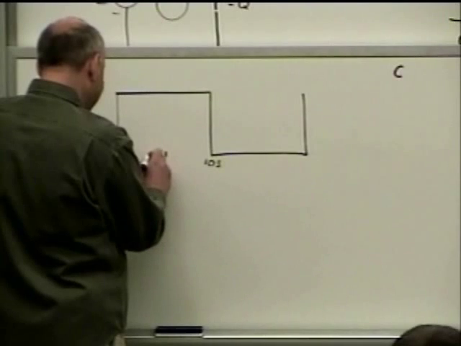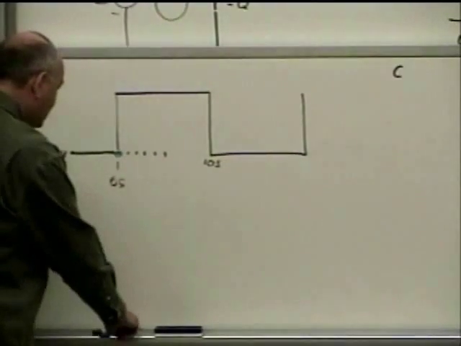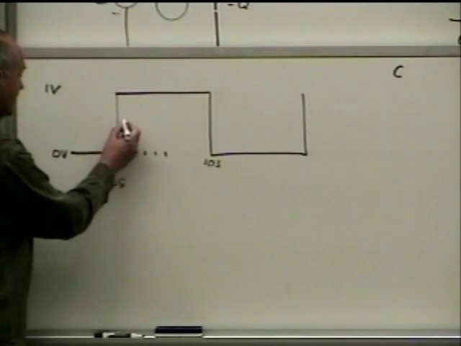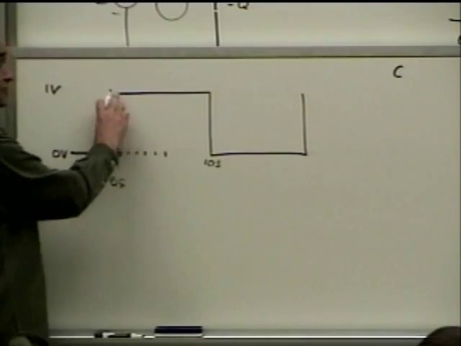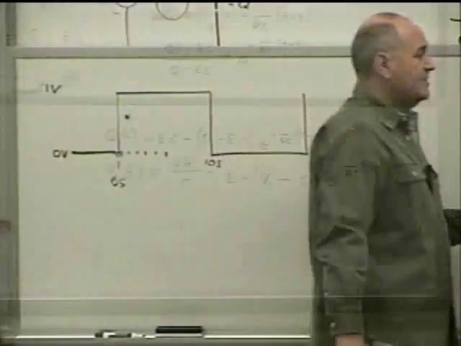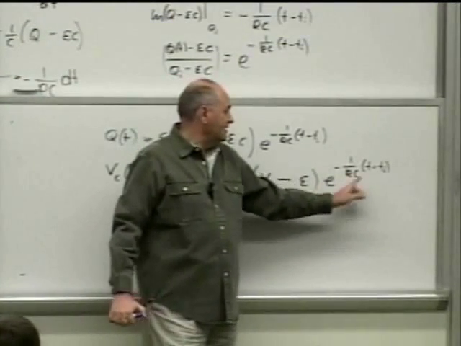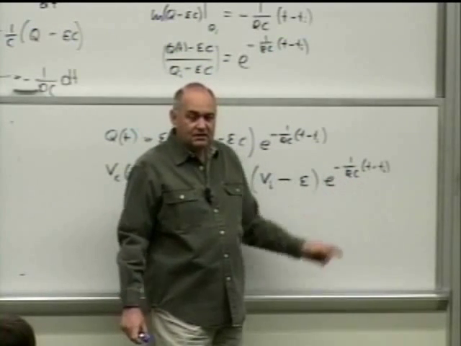Okay, now let me mark 1 second. So this is 5 seconds. So after 1 second, voltage across the capacitor is going to be 2/3 of 1 volt. Think what will happen after 2 seconds. Here I will have e to the negative 2.